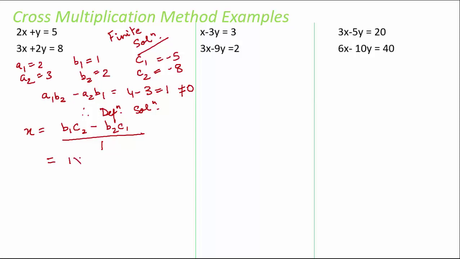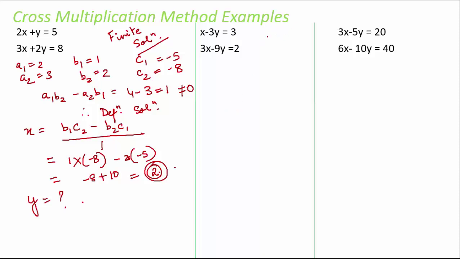Now let's put the values: 1 into minus 8 minus 2 into minus 5. This is equal to minus 8 plus 10, which is equal to 2. So the value of x is 2. Now once we know x, we can very easily also calculate the value of y. So I think you can do this on your own. Let's move on to the next example.